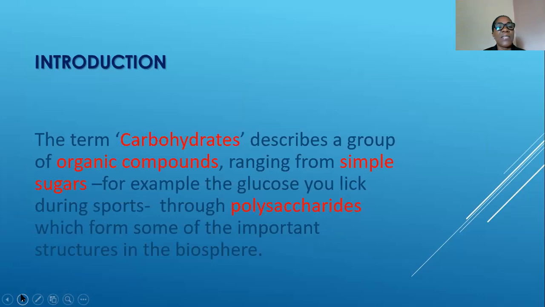Now, what is carbohydrates? Carbohydrate describes a group of organic compounds ranging from simple sugars like the glucose they give you to lick when you're doing sports, through polysaccharides, which form some of the important structures in the biosphere.